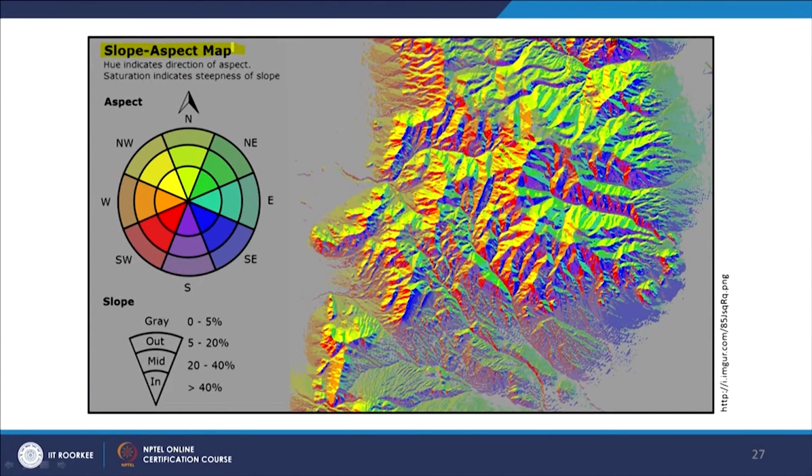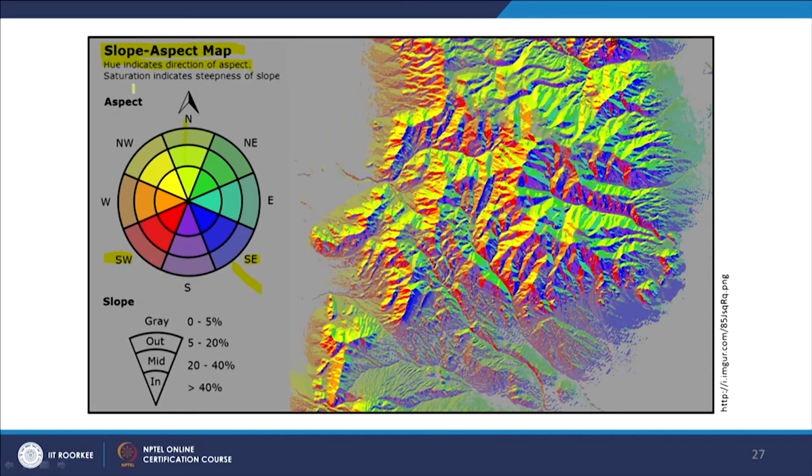One can try it in whatever software you are using, and you have to interpret this a little differently. So, what it is saying is that hue indicates the direction of the aspect. If I am getting these light green colors, then that is a north facing slope. If I am getting blue colors, then I am talking of southeast. If I am getting red color, that means southwest.